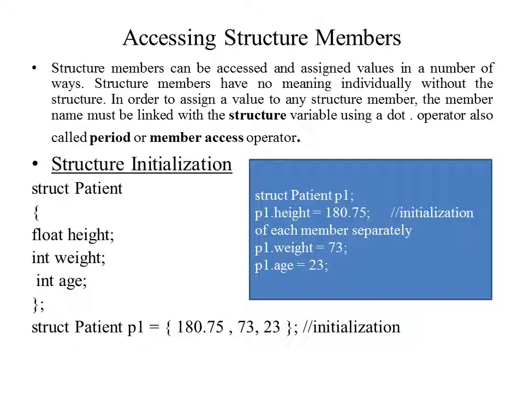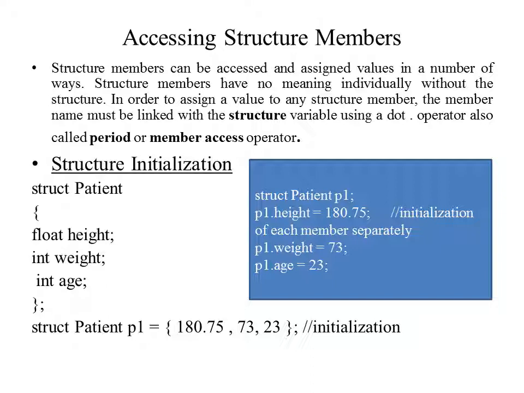Again focus, try to understand, this is a very important point: when we declare a structure, first the struct keyword is used, then the structure name is used, under curly braces you define various elements or members of the structure, and then you define the variable name of that structure.